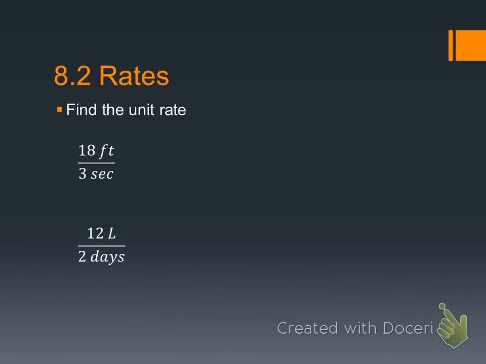Now in 8.2, to find the unit rate, remember, you just divide top and bottom by whatever number is down here in your denominator. In this case, it's 3. So divide top and bottom by 3. And one of the most important parts of unit rate is that you have to have your label in your final answer. 6 feet per second.